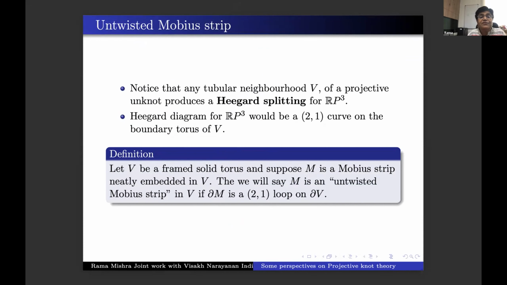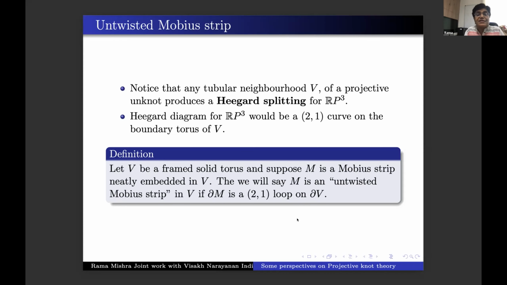When you take a framed solid torus and suppose you have a Mobius strip M embedded in V, we say that M is an untwisted Mobius strip if the boundary of M is a (2,1) loop on the boundary of V.